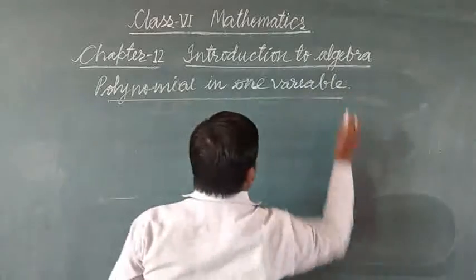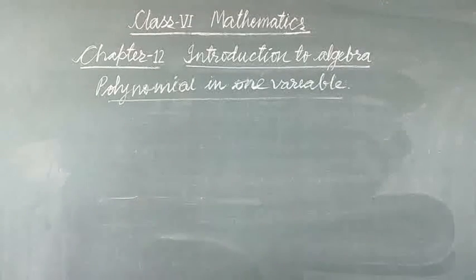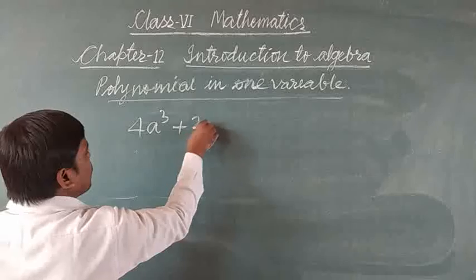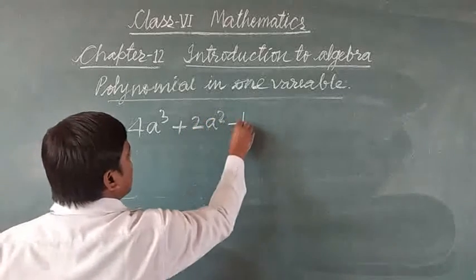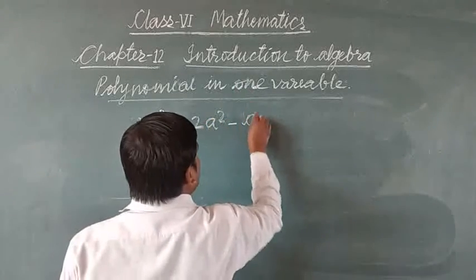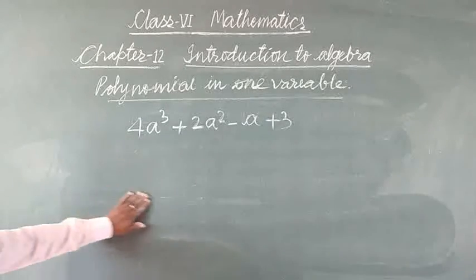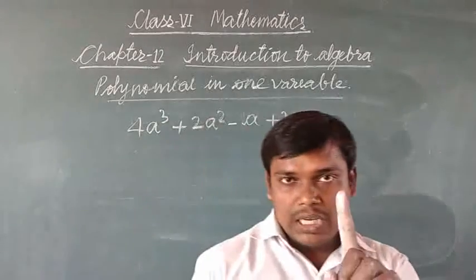We can write a polynomial in one variable like 4a cube plus 2a square minus a plus 3. This is one example of a polynomial in one variable.